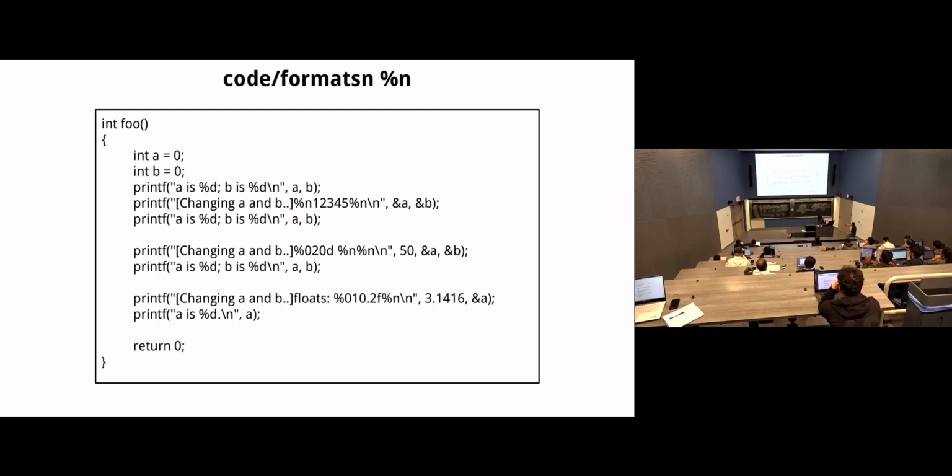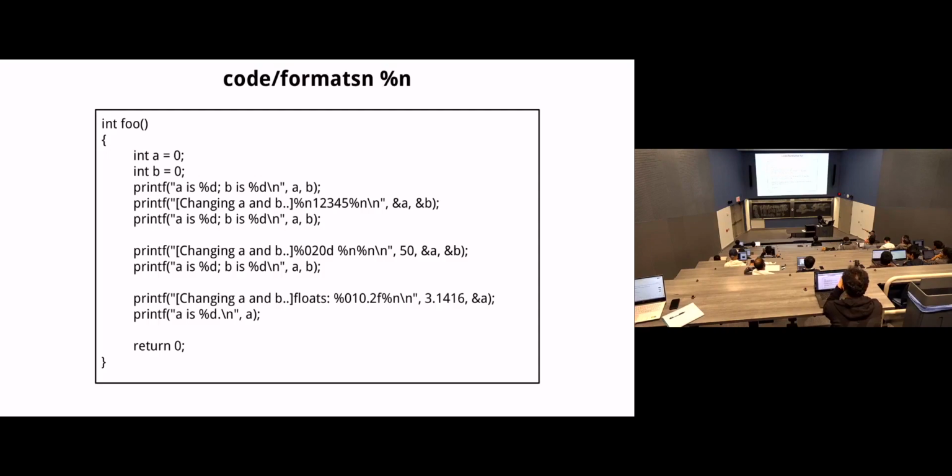Let's say the second one. I will show you the demo later. Let's look at the second example here. We keep changing the value of A and B. This part is 15 characters, we already know. Then we have a %020d.